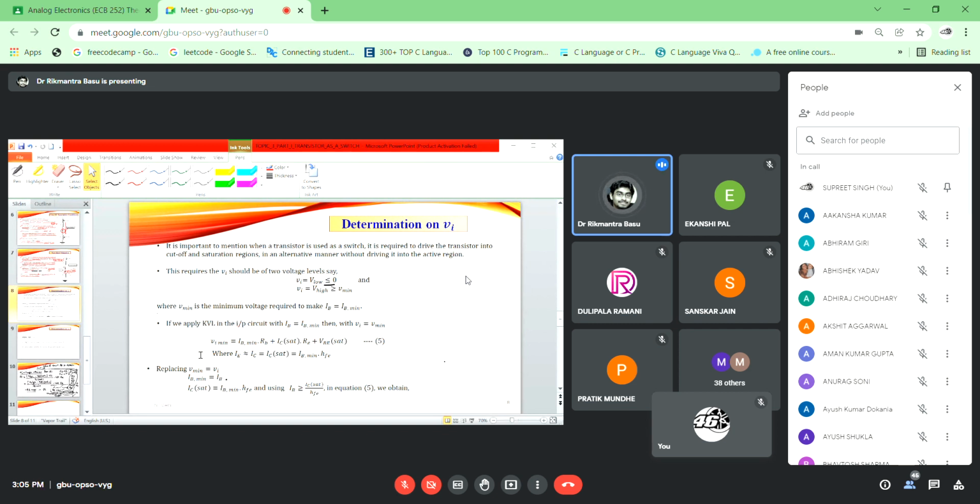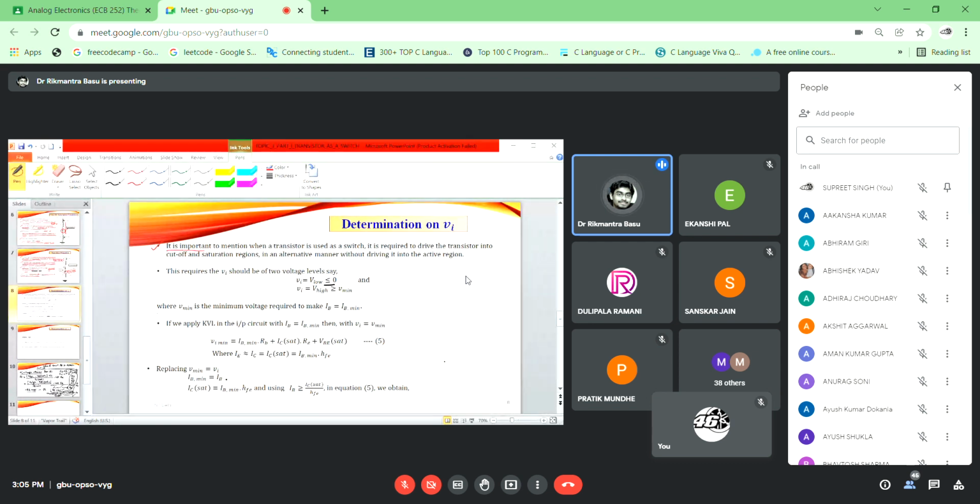So the main controlling parameter is your VI, whatever external input signal you are applying. That should be taken care of first, that design should be done first. So that is the first primitive parameter: the determination of VI.